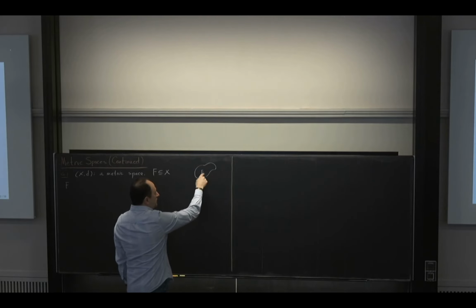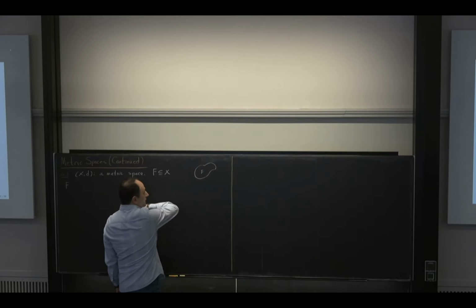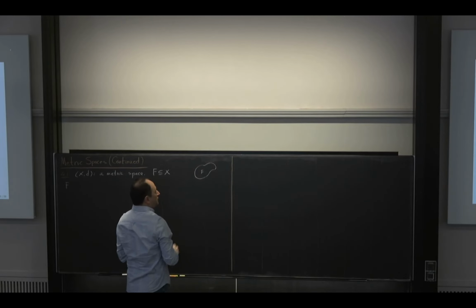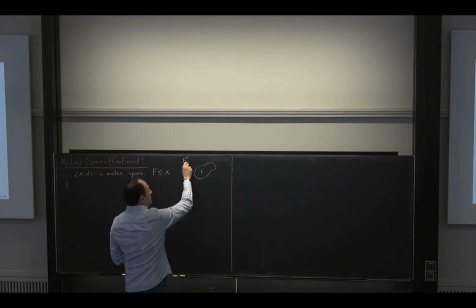So, do you know what is the complement of a set? The complement of a set is every element in the universal set, here the X, which is not in it. So it means that outside F, which we denote by F complement, it means that this is the set X minus the set F itself.